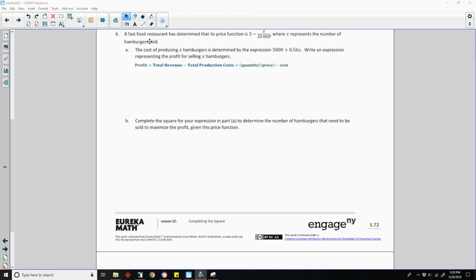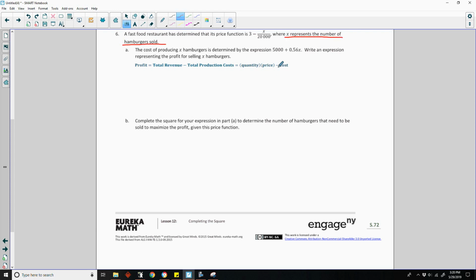Okay, so I brought this equation in from our notes from the first page. The equation is profit equals total revenue minus total production costs, which equals quantity times price minus cost. So quantity, x, represents the number of hamburgers.